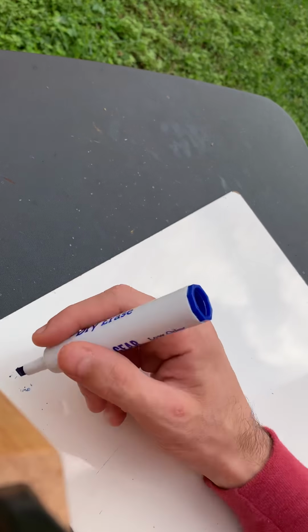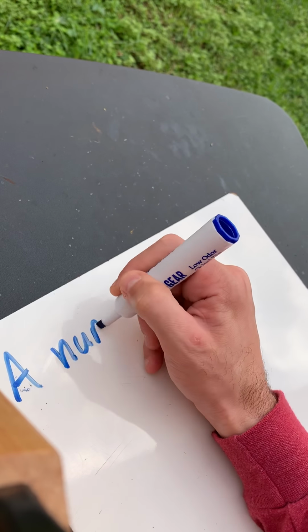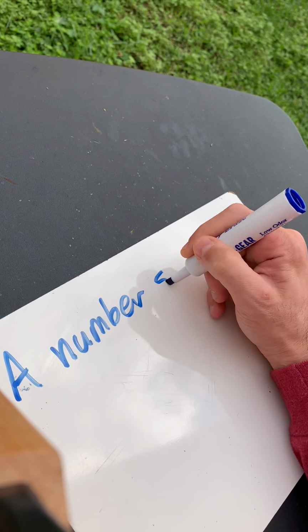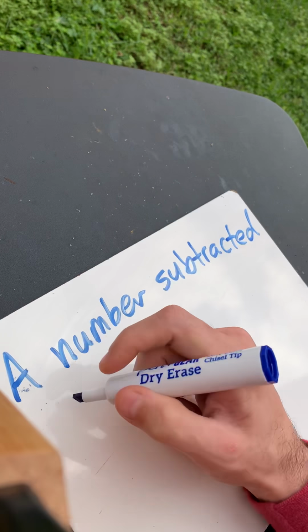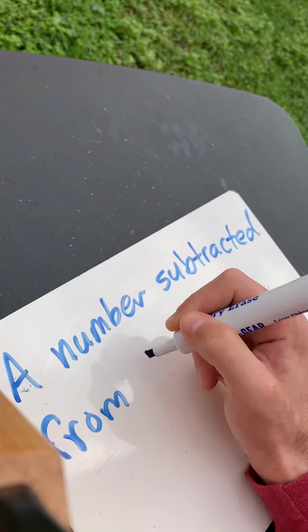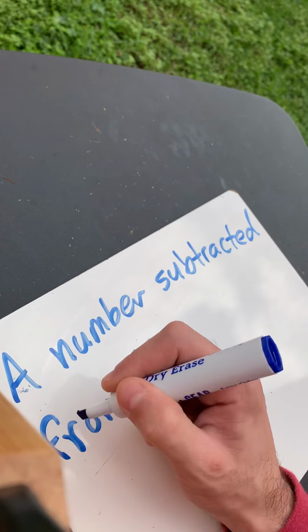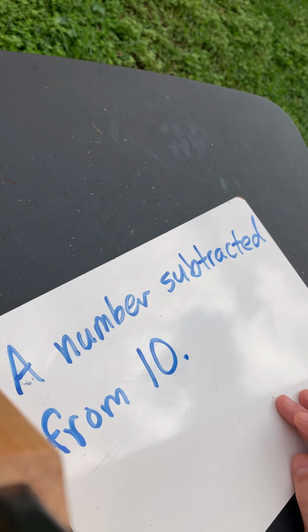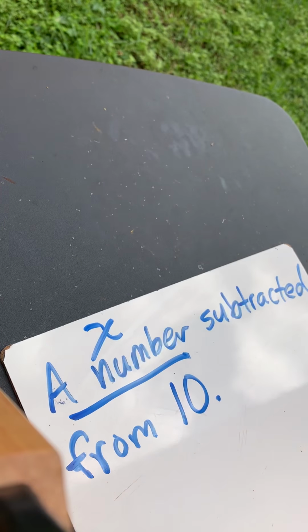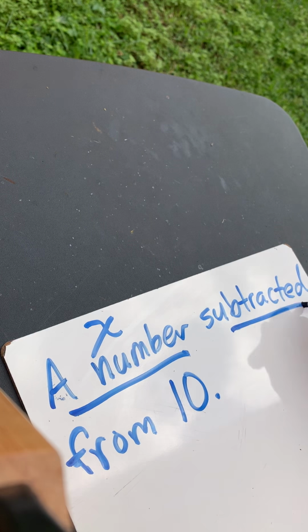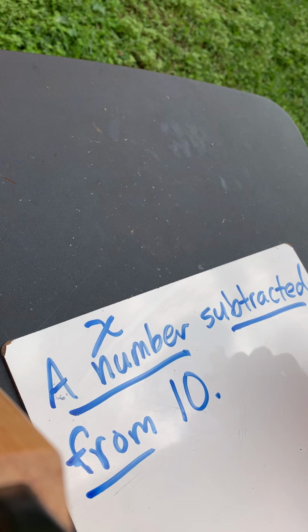Let's try another one. A number subtracted from 10. So let's label the words first. A number is x, subtracted from means minus, and 10 is 10.